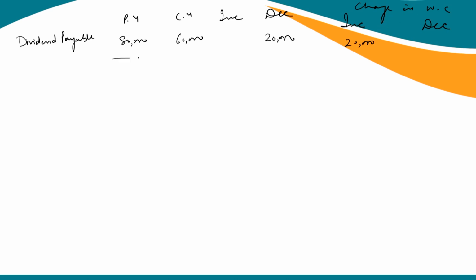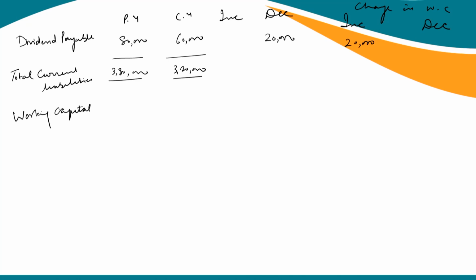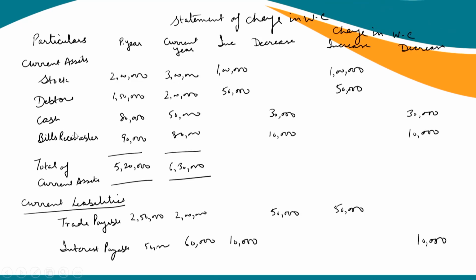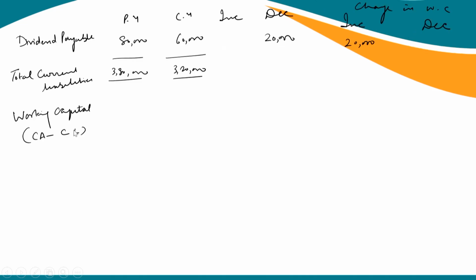After this we will make a total of the current liabilities. Total current liabilities are 3,80,000 in the previous year and in the current year the total is 3,20,000. After this we compute the working capital. This working capital is current assets minus current liabilities. As we have already totaled the current assets of the previous year, 5,20,000, out of that we deduct 3,80,000.